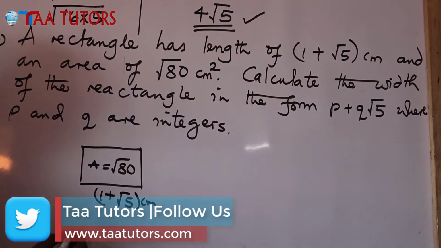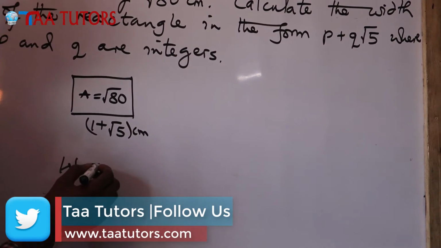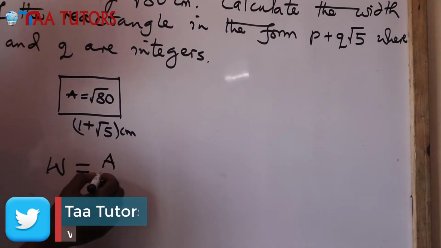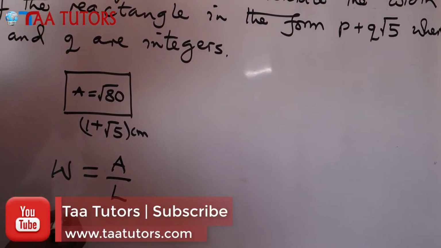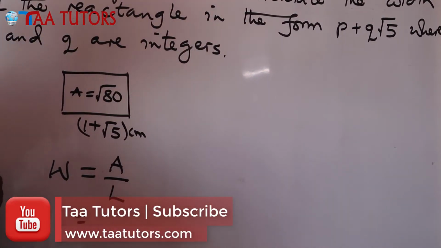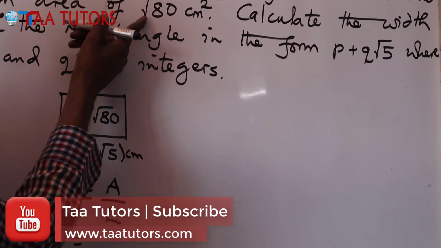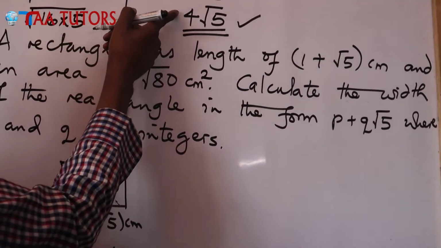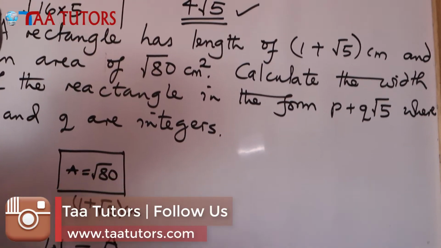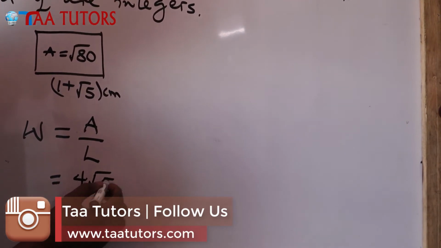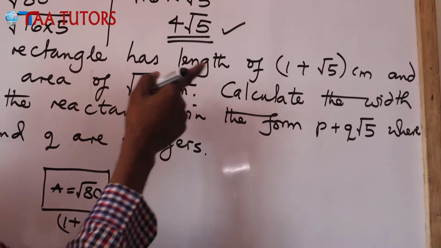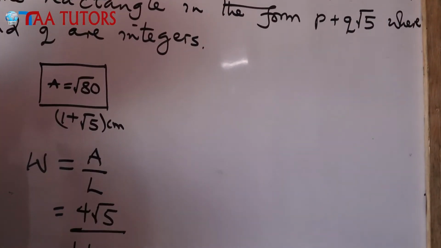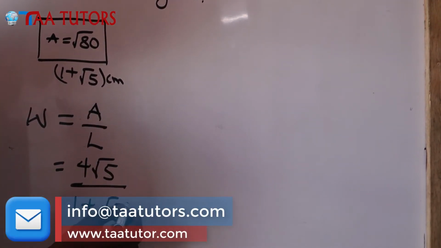We know that the width of a rectangle is area divided by length. So area over length will give us width. So the area is surd 80, which I'm going to say is the same as 4 surd 5, divided by the length, which is 1 plus surd 5.